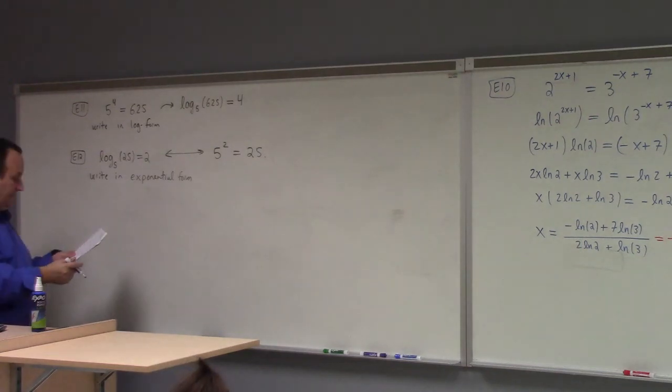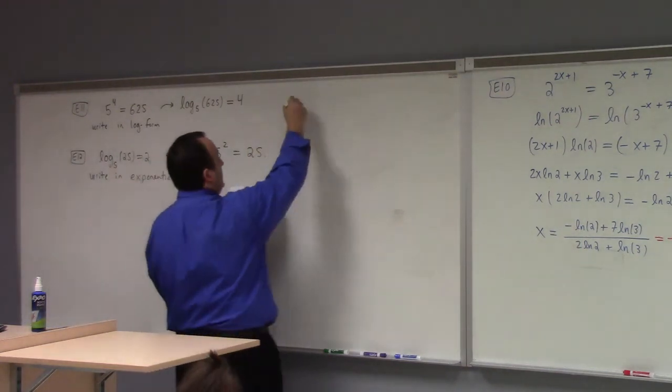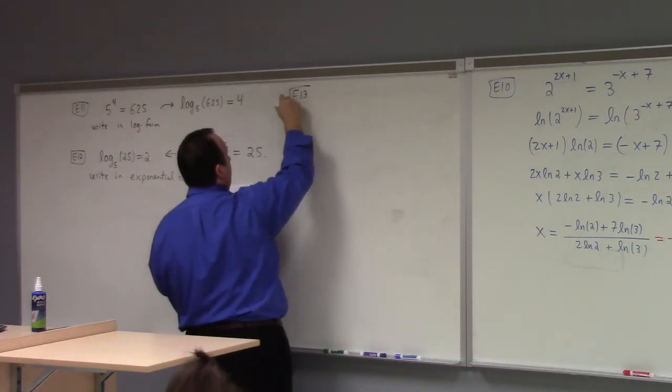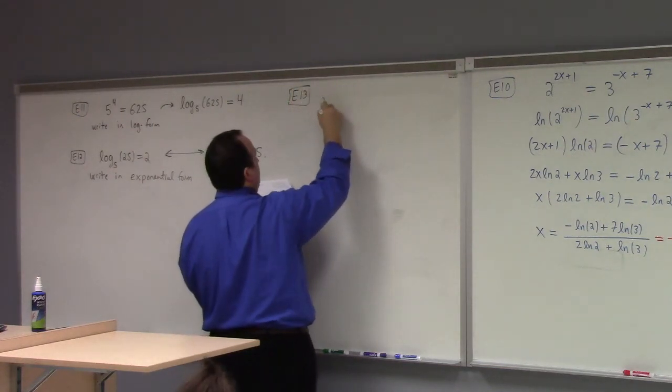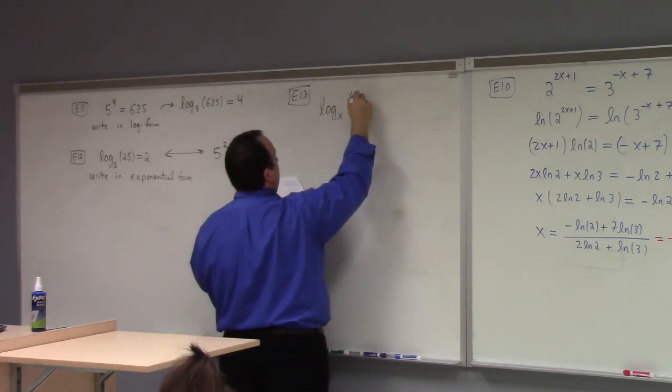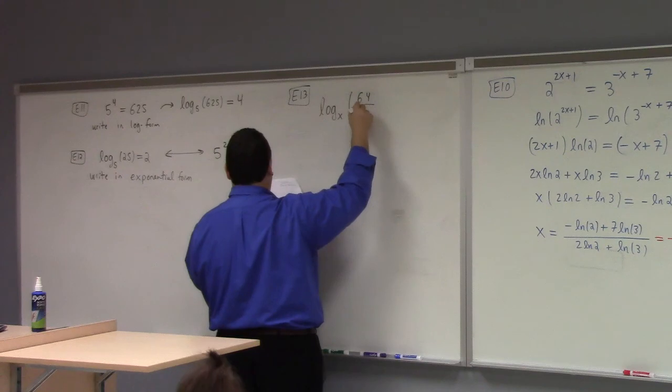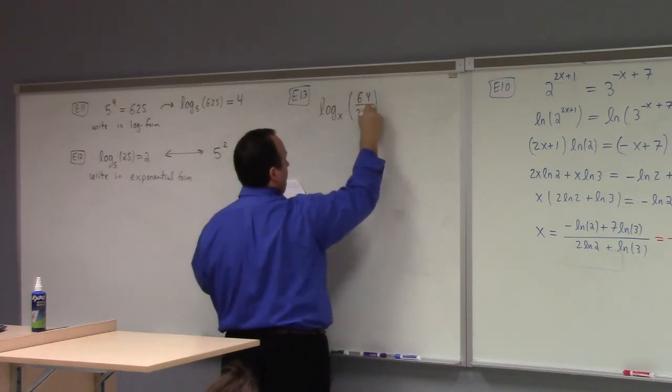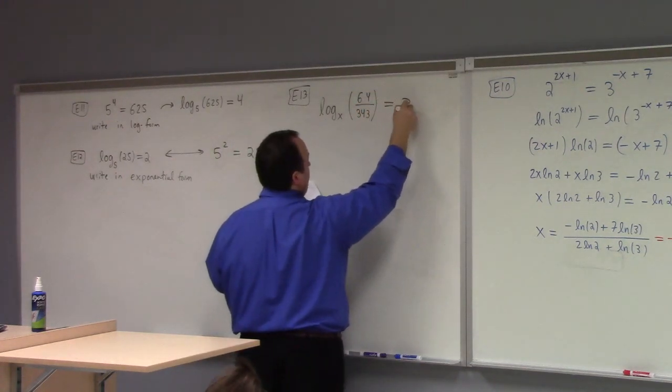Let's see here, example 13. Suppose you're going to solve log base x, weird, of 64 over 343 equals 3. How would you do that?